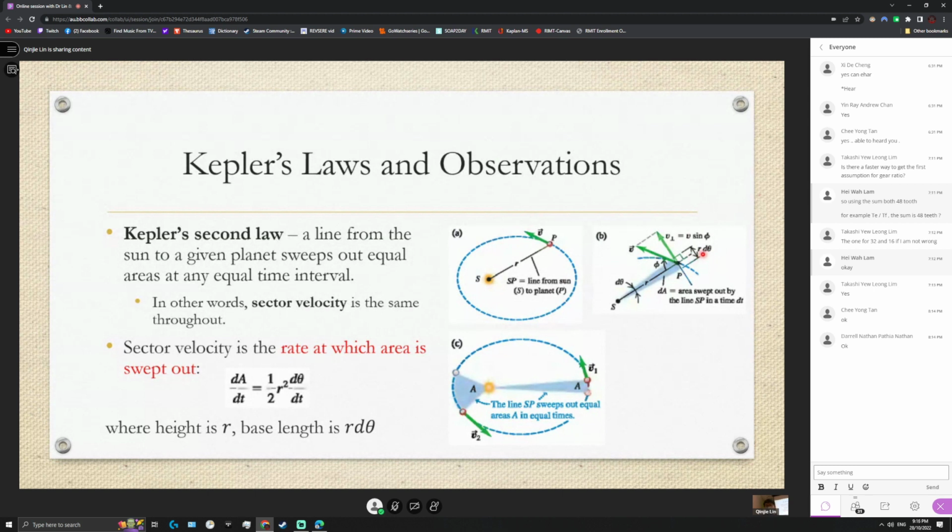So half times base, which is R d theta, times height, which is the radius, you get half R squared d theta. Then divide by dt. So it looks like that. So following this law, if your ellipse looks like that and you are closer to the sun, you'll be moving faster to sweep out the same area.